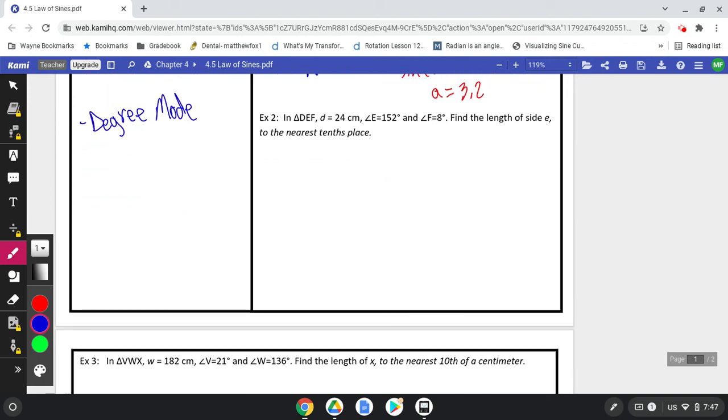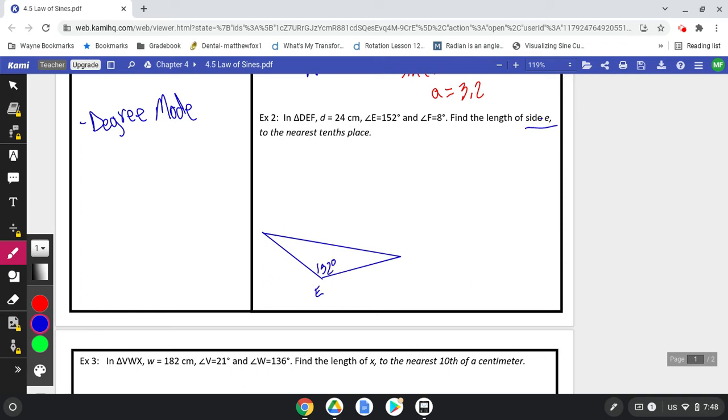Now, example 2. On this one, similar thing, except we are finding one specific side here, side e. And also, we don't have a picture. So you don't have to, but I think it's a good idea to draw a picture. In this case, we see angle E is 152, so we know there's an obtuse angle somewhere. It doesn't need to be perfect, but if that is angle E, that means 152 here.